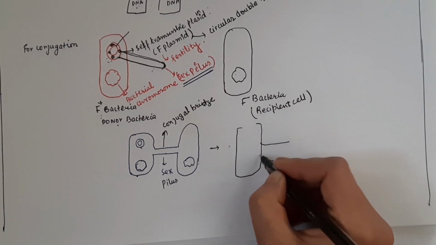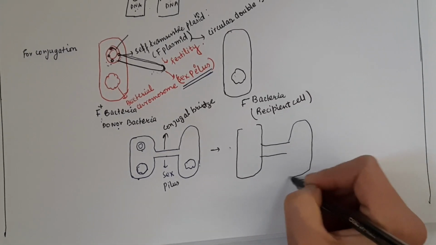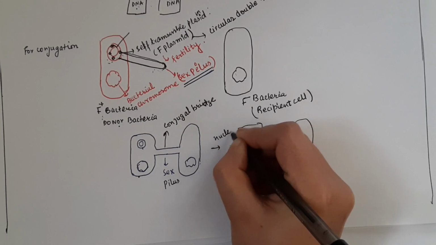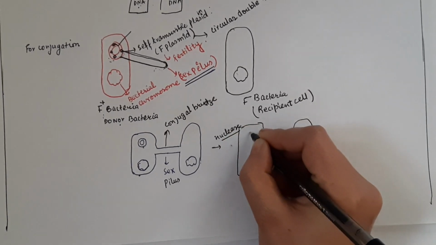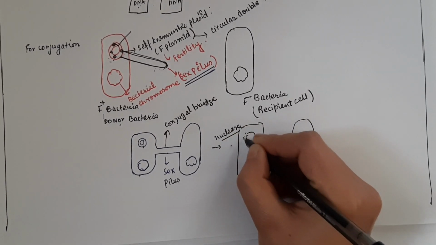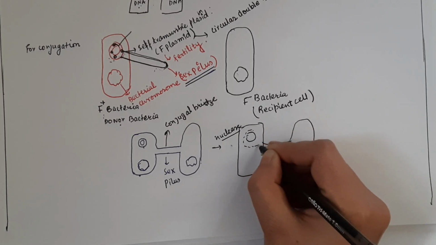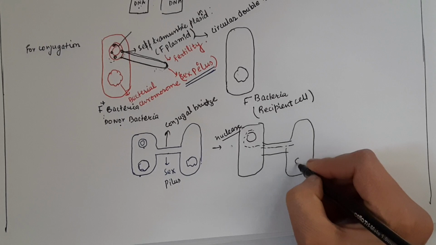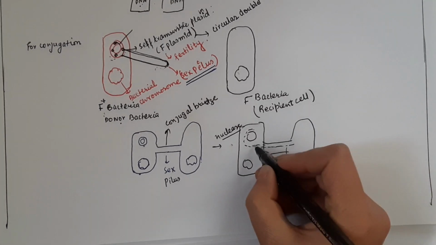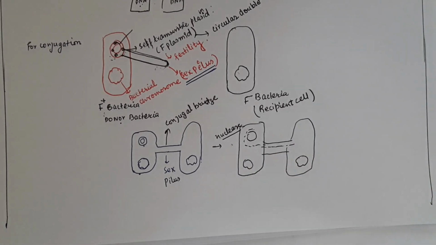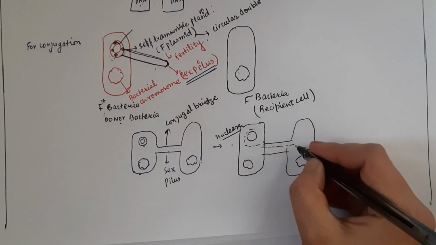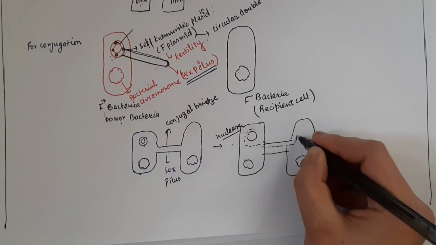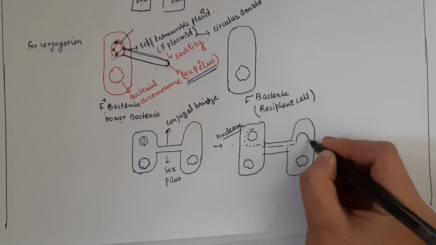So the nuclease enzyme breaks one strand of the circular DNA, and this DNA gets transferred through the conjugal bridge to the recipient bacteria.